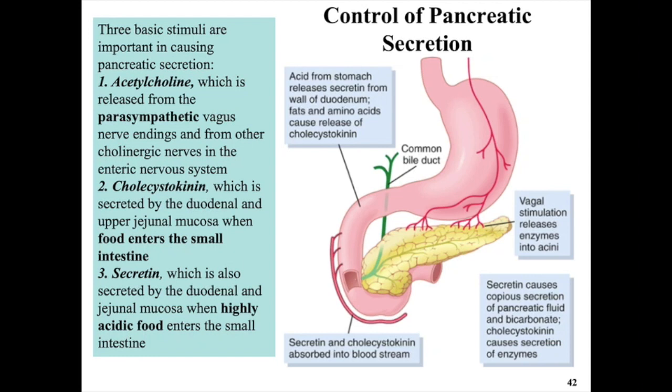Secretin, on the other hand, has an overall effect of stimulating the secretion of the pancreas, including bicarbonate, which should neutralize the acid and therefore create the regular pH for the pancreatic enzymes to act.